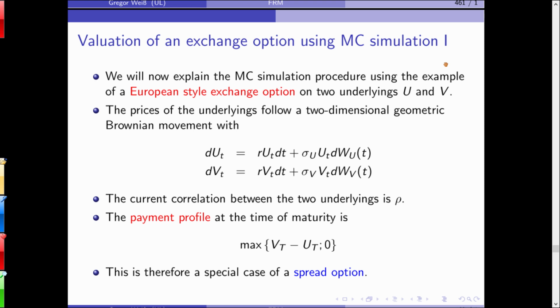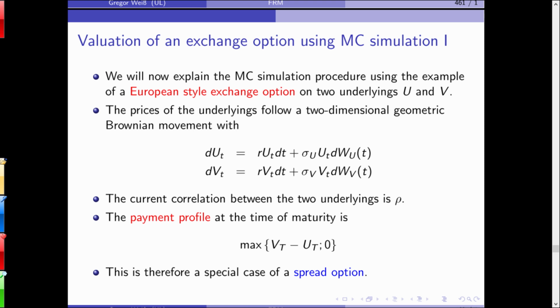The payout profile at the time of maturity is the maximum of Vt minus Ut or 0, meaning you're looking at 2 stock prices, and you're being paid out the difference between the first and the second stock, or 0.